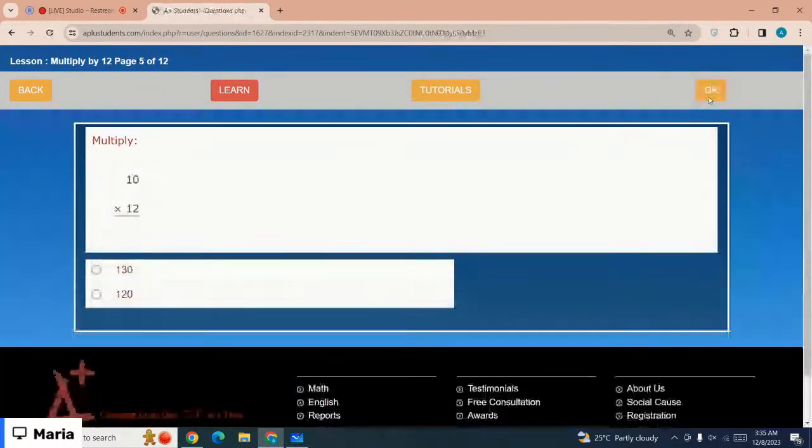Okay, the next one is 12 times 10. Multiplication is very, very important. If you want to be perfect with multiplication, you must learn these tables, right? Now it's time for you to start working on the tables. 10 times 12 equals, yes, that would be 120. The correct option is 120.